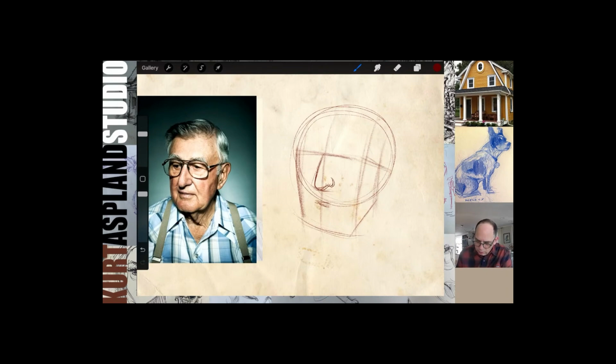Let's just put a little dab right in there for that wing of that nose. You see that? Okay, now this line up here is his brow line. So the eye line is going to be slightly lower. So we could just put a quick line across there like that, right?